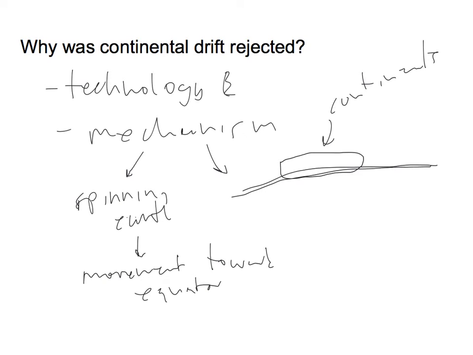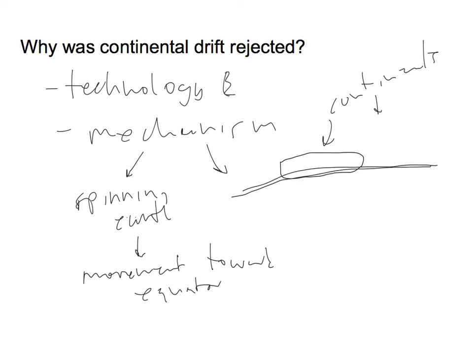And what he actually had to propose, because of the geological frameworks of the time, is that these forces somehow push the continents through the crust like an icebreaker going through an ice jam up in the Arctic.